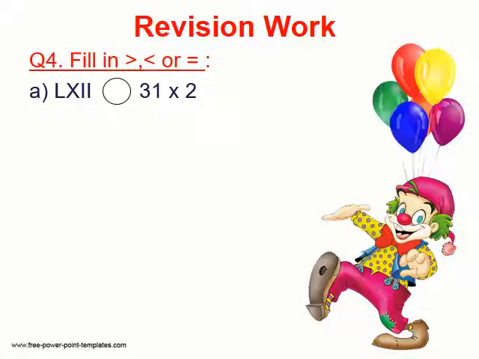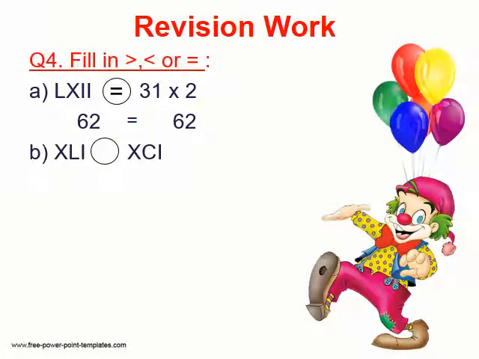In order to compare both these numbers, first let us find out the value of LXII. The value of LXII is 62 and 31 multiplied by 2 is equal to 62. So both these numbers are equal. So we will write that LXII is equal to 31 multiplied by 2.